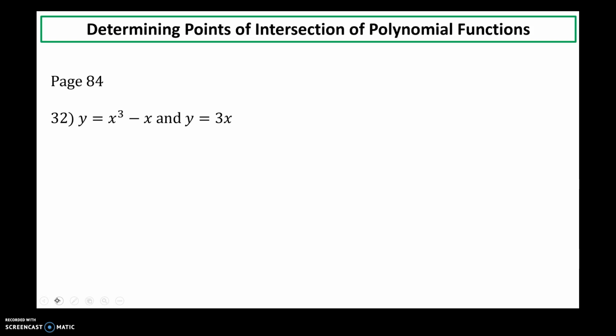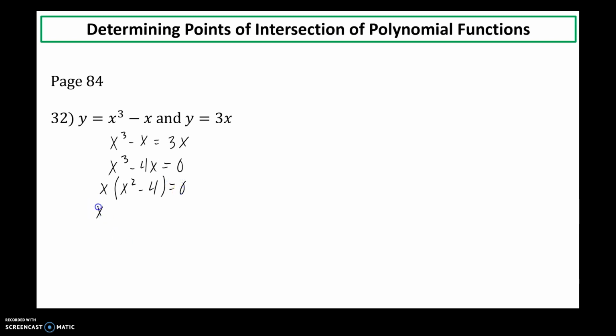Okay, so now points of intersection. Now both of these are functions whose graphs would not be horizontal lines. So I'm going to subtract 3x. That gives me -4x equals 0. This factors really nicely. GCF of x, leaving me with x squared minus 4.